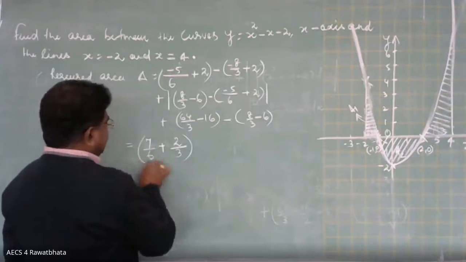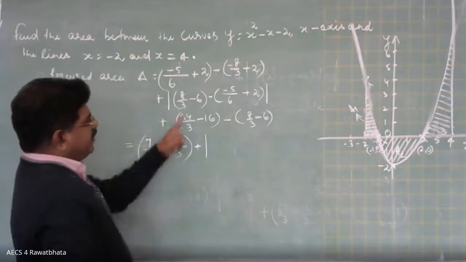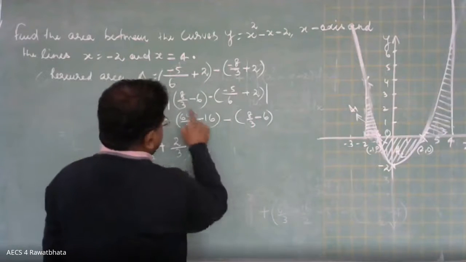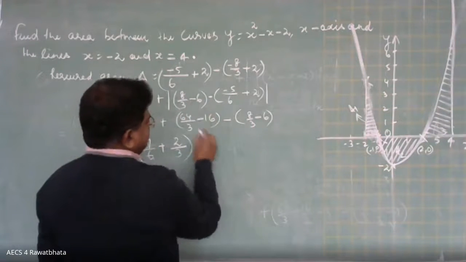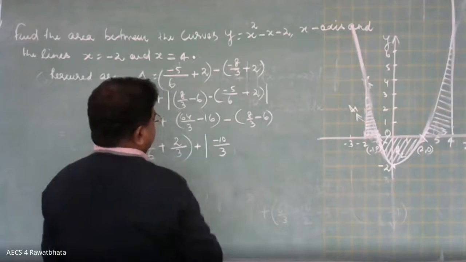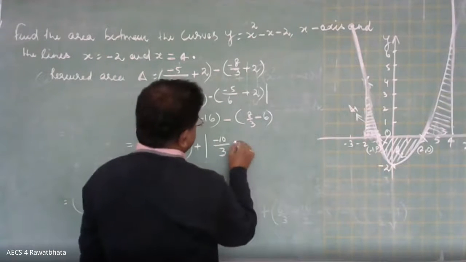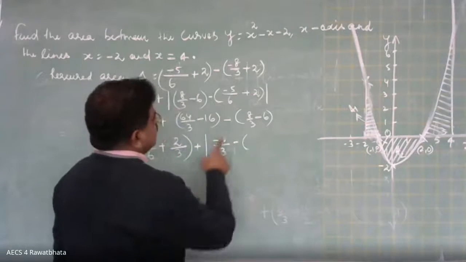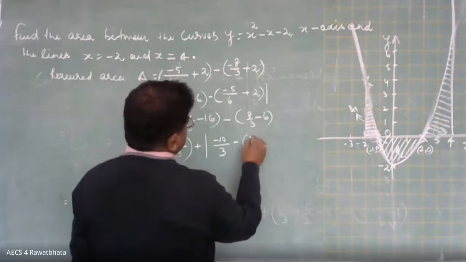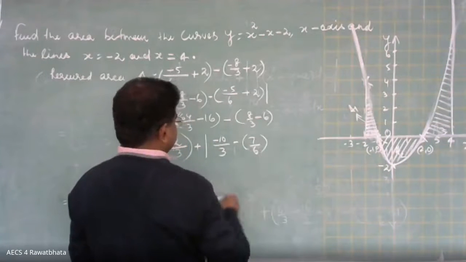So plus 3. And here modulus of 8 by 3 minus 6. So 8 minus 18, 3 is LCM, that is minus 10. And minus of 6, that means 12 minus 5, 7 upon 6.